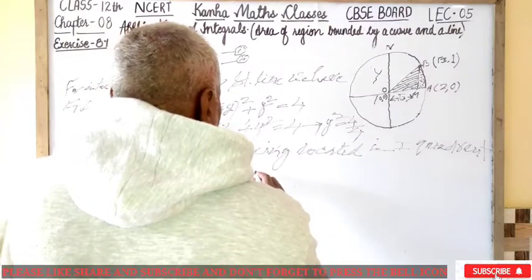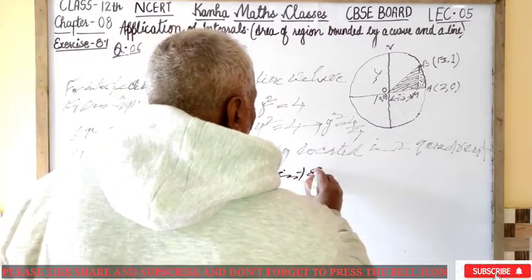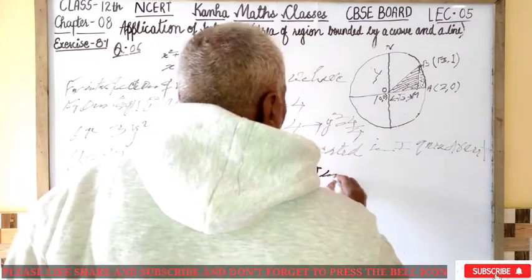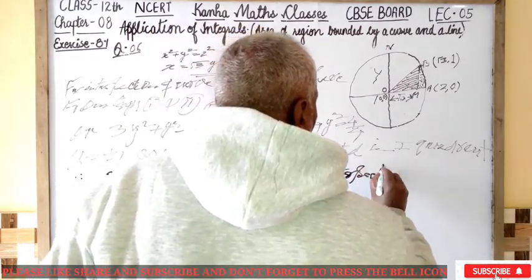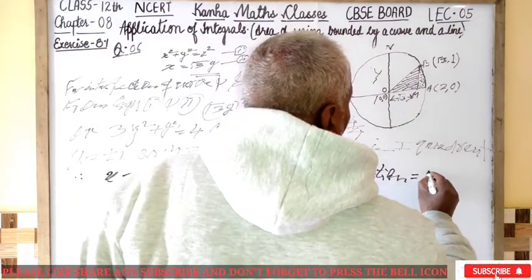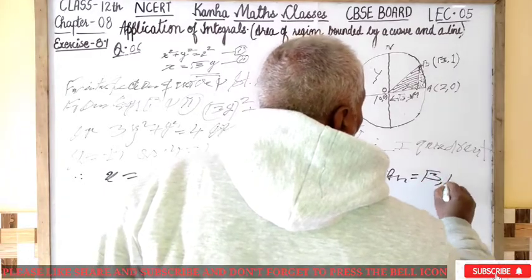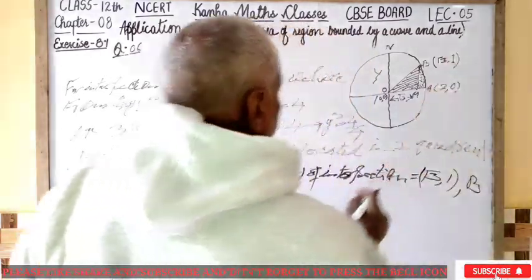Hence the point of intersection is (root 3, 1), that is point B in the figure.